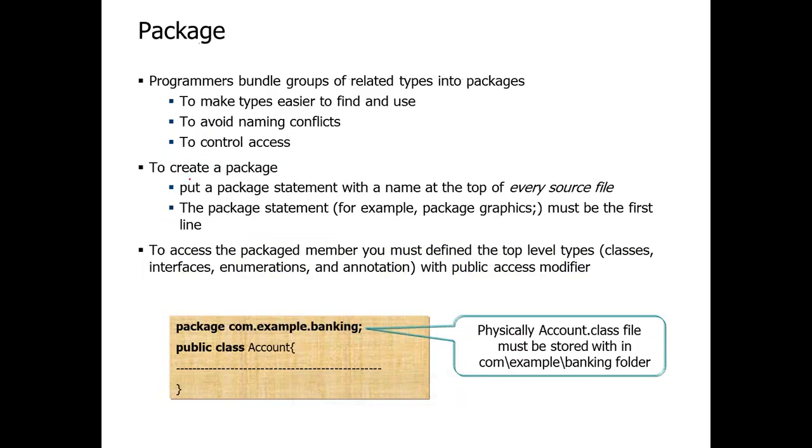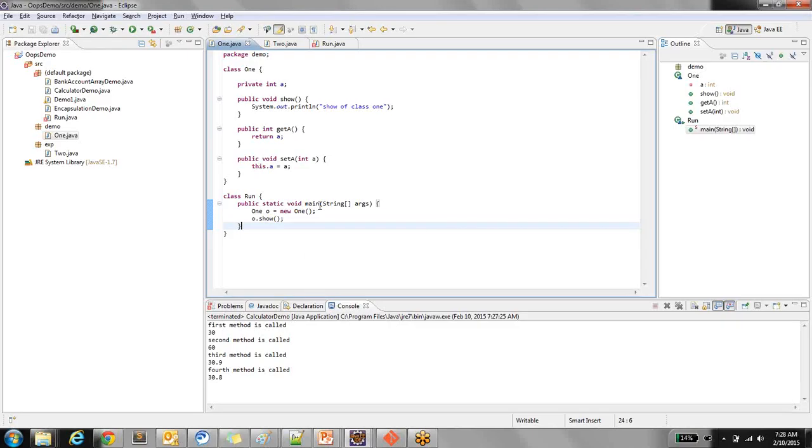To create a package, put the package statement with the name at the top of every source file. So how do you create packages? We saw this. You define the name of the package after the package keyword. This keyword is used to define your packages. And if you have long package names, you separate it with dots.